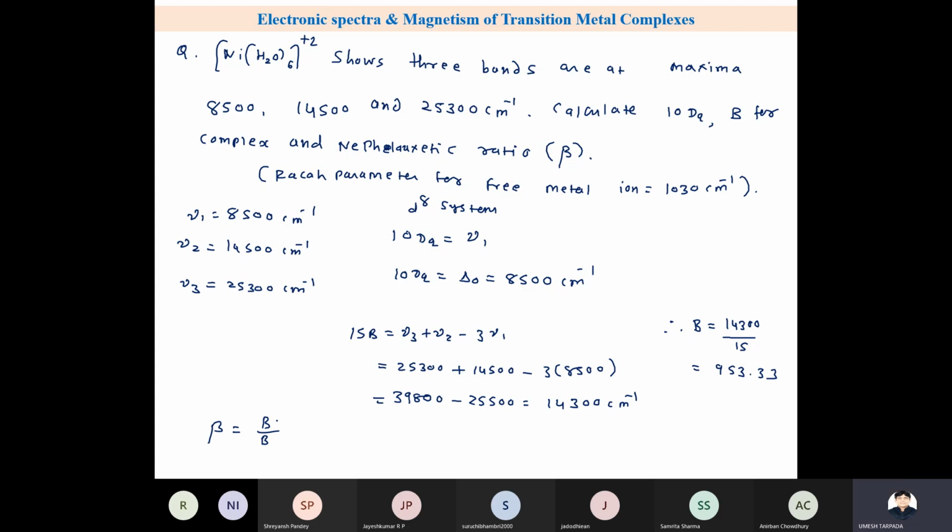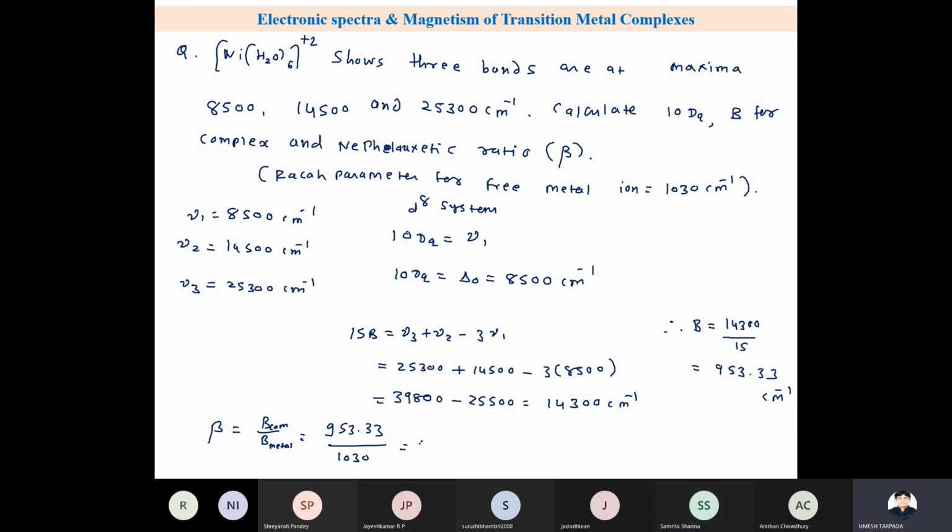So you get B for complex and B for metal ion. What is for complex and what is for metal ion? Complex it is 953.33 upon metal ion, already given 1030. So your answer becomes 0.925.